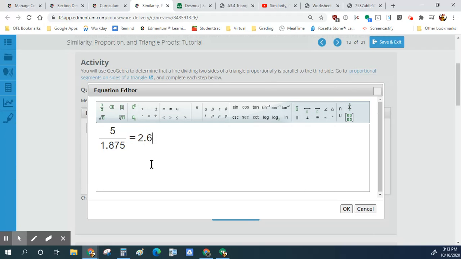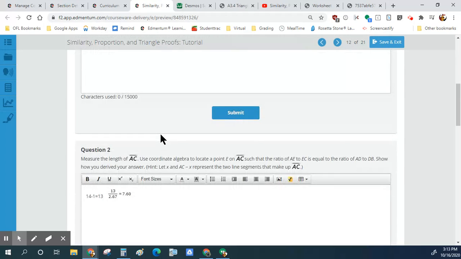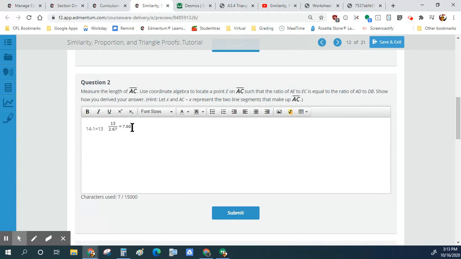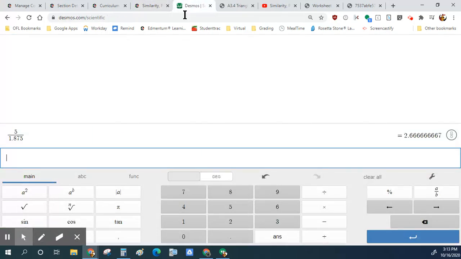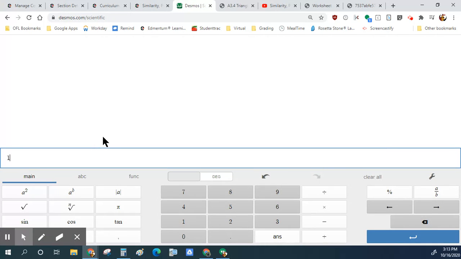I should have realized that too. It should have come out to a fraction. All right, got that. Let's delete this. Let's figure this out by not using the Edmentum calculator because I don't trust it anymore.